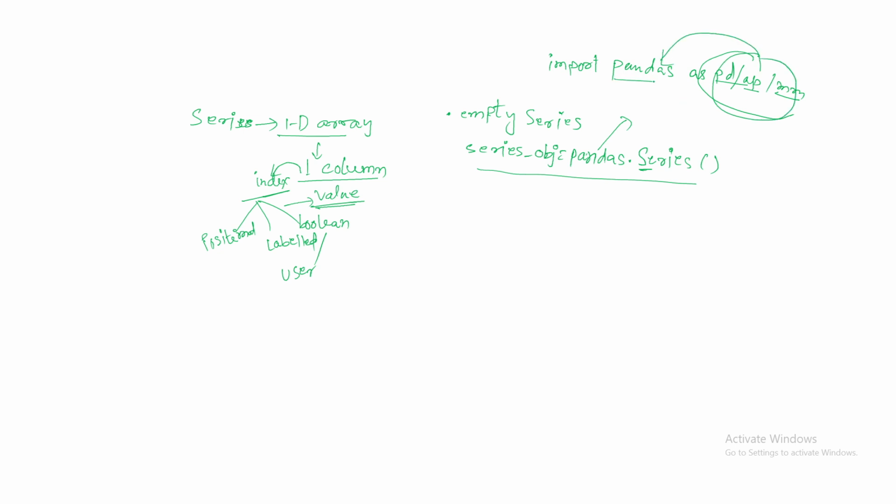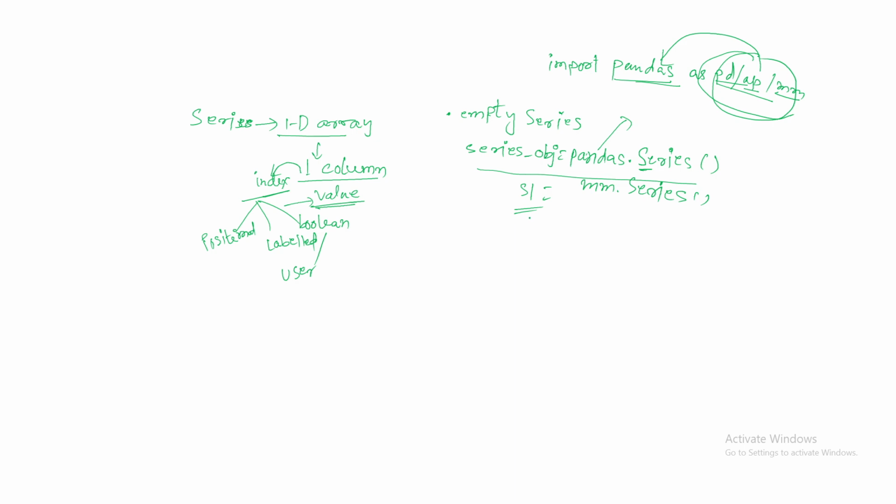So whenever we use pandas, we can write this alias name, and then dot Series.